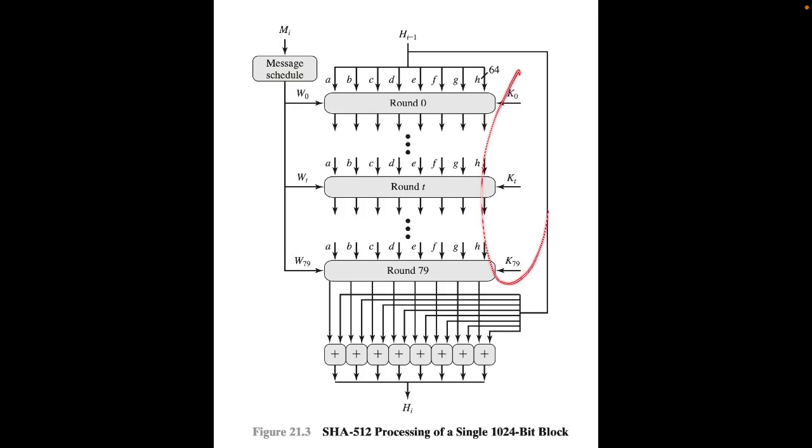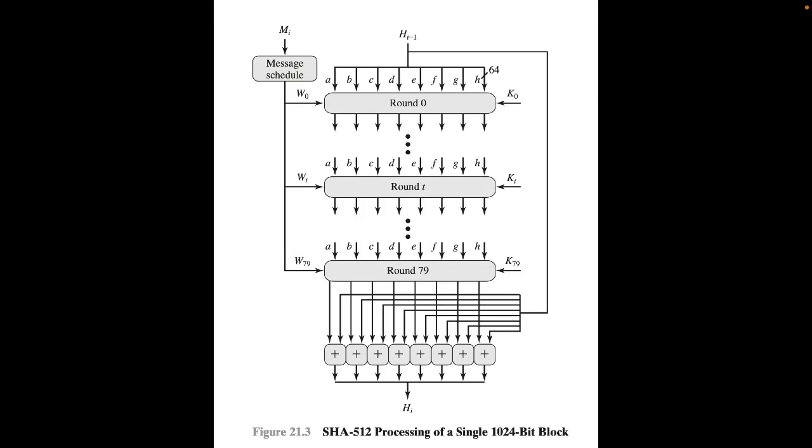It basically takes 80 keys and runs over 80 rounds, does a bunch of computation in each round, and then ANDs the bits together. So it's very hard to figure out what the original data was, because it has been distorted using what's known as the SHA-512 algorithm, the secure hashing algorithm.